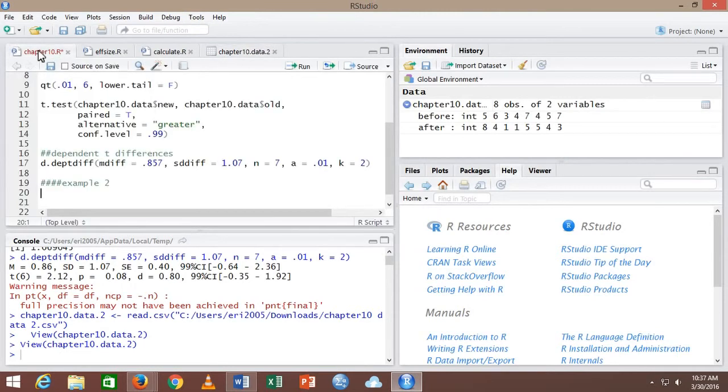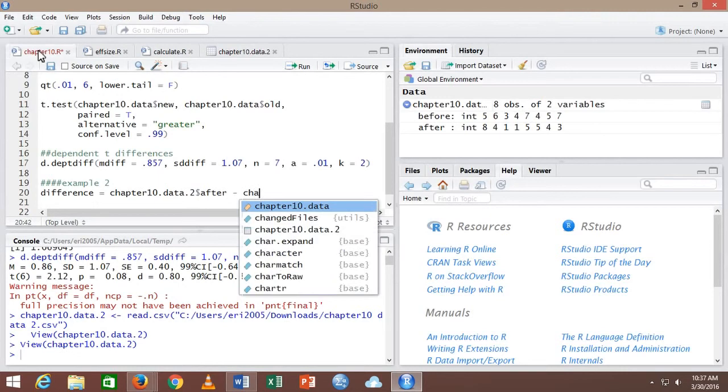Okay, so we should do after minus before to match our hypothesis, where we want the negative score to mean that bags are going down. And you can always run this the wrong way and go back and fix it. Okay, second one. So I'm going to do after minus before.